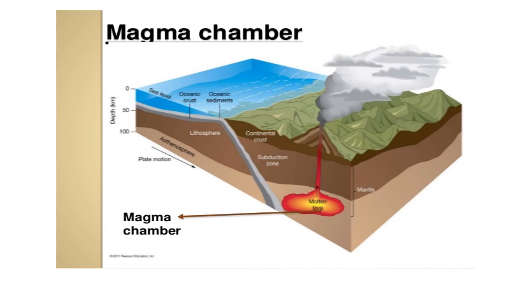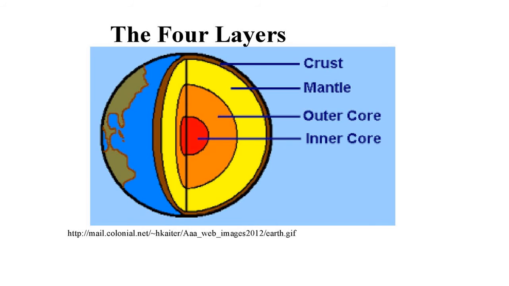Now, children, we will come to know about the 4 layers of the interior of the earth. The 4 layers you can see on the screen are the crust, mantle, outer core and inner core. While going from the earth's surface to its core, major changes occur in temperature and density.